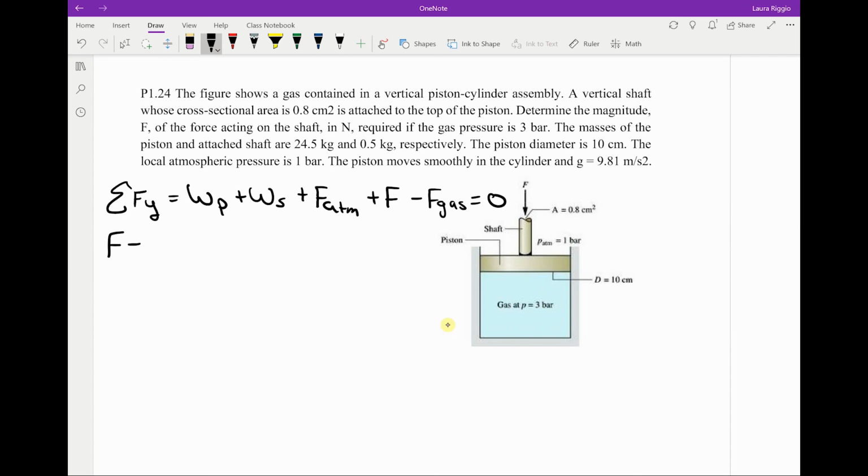So if I solve for my unknown force, I know that my force is equal to the force of my gas minus the weight of my piston minus the weight of my shaft minus the force from my atmospheric pressure.